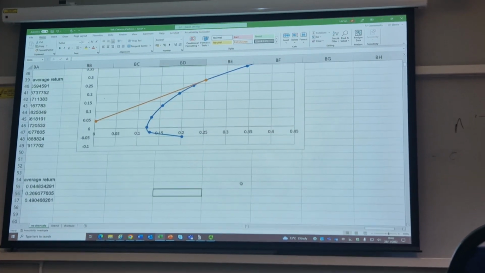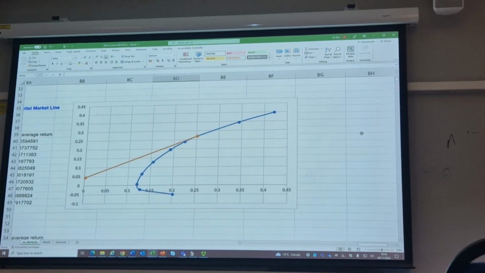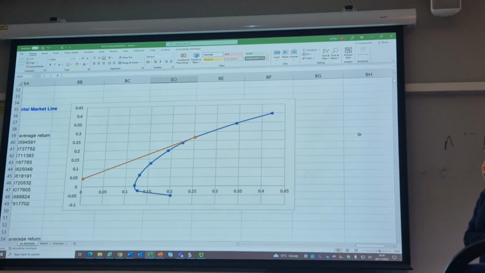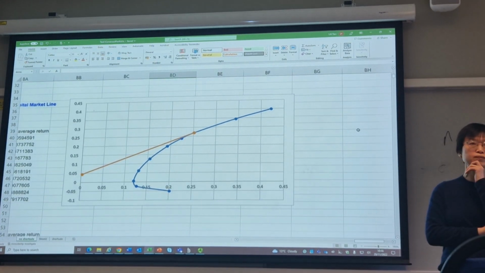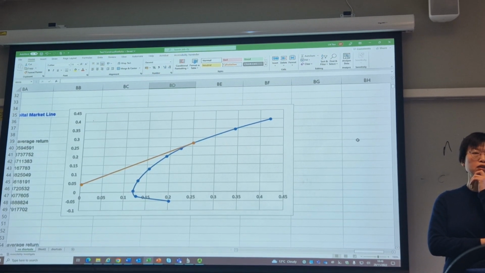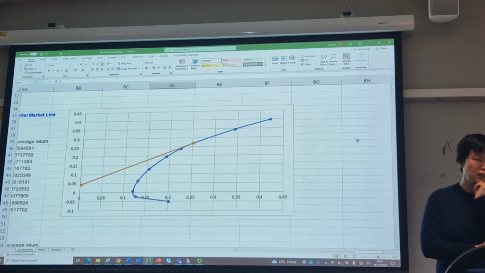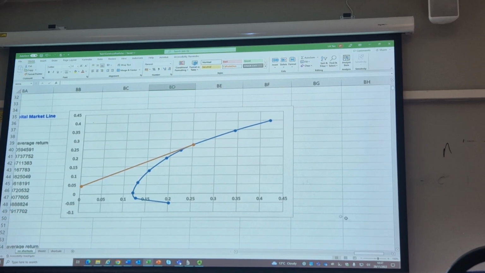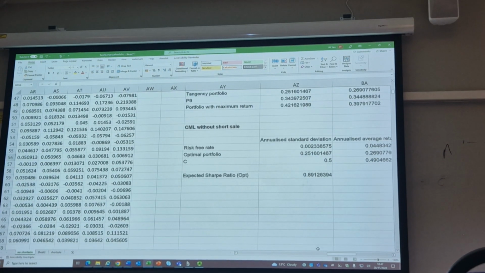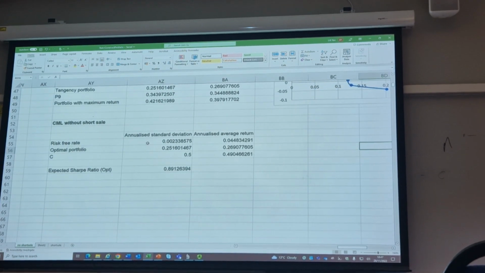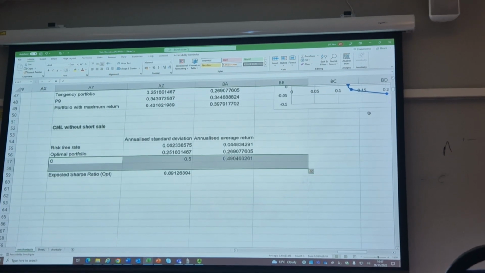So this is the capital allocation line since short sales are not allowed. Are we good? What is method C? See here, we don't need to put C here because short sales are not allowed.